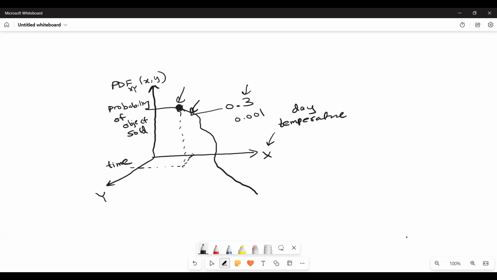Maybe the future might not follow this exact function, but we have developed this probability density function by considering multiple outcomes from a random experiment. We have considered the data for multiple days, and then we have taken the average, and those average probability values were used to generate this probability density function.